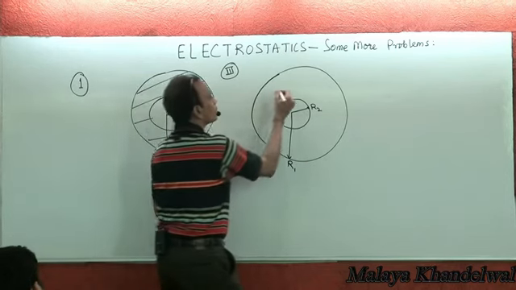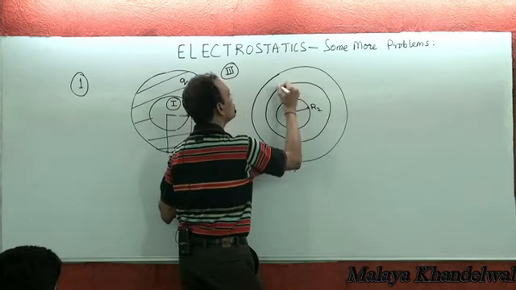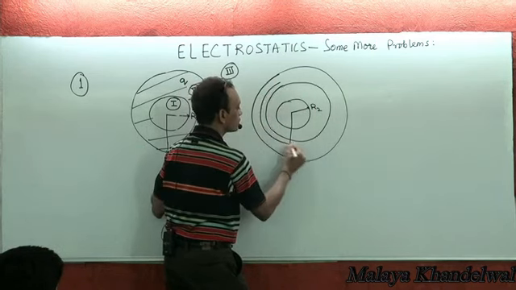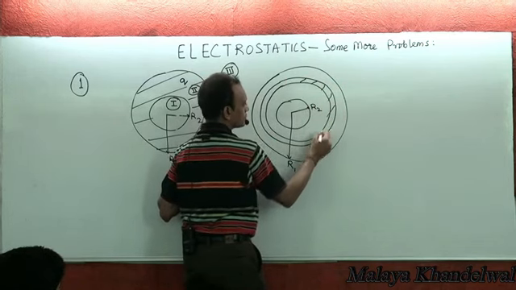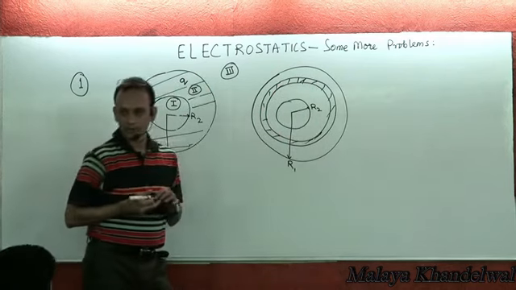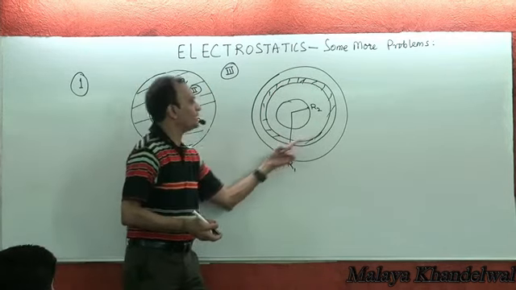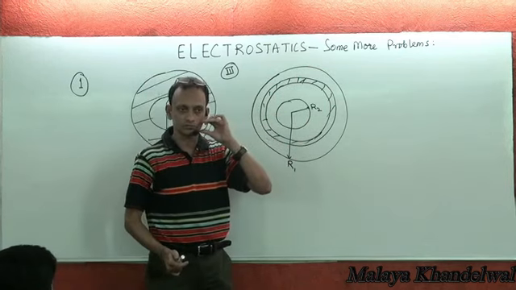Yes or no? A large number of thin spherical shells starting from r equal to r2 to r equal to r1. This, for example, is an intermediate shell. And charge is uniformly distributed inside the shell. Clear?